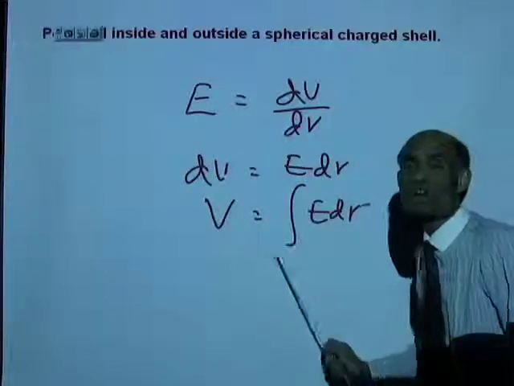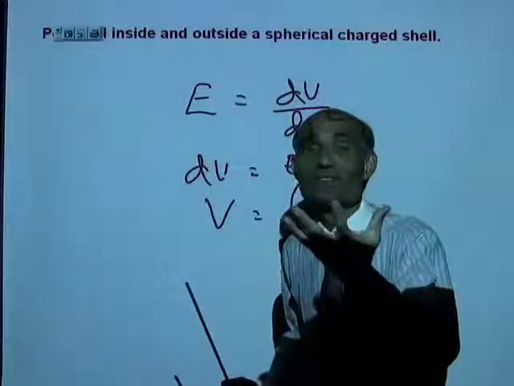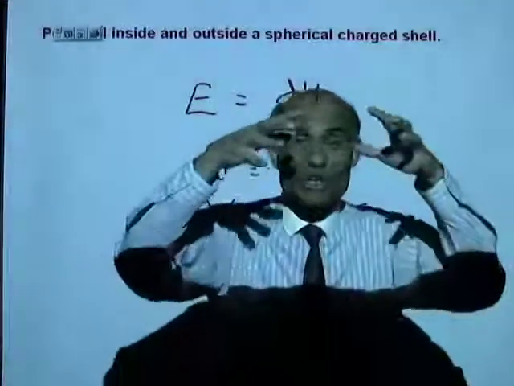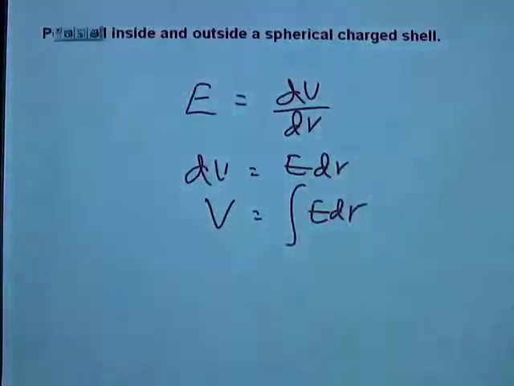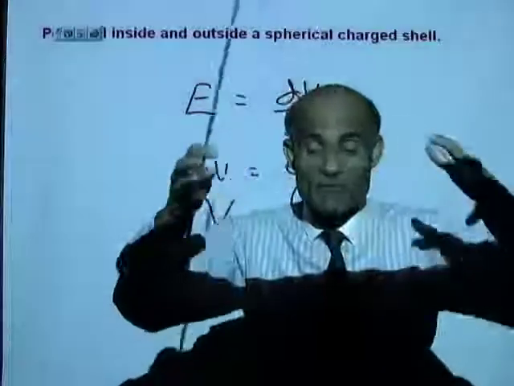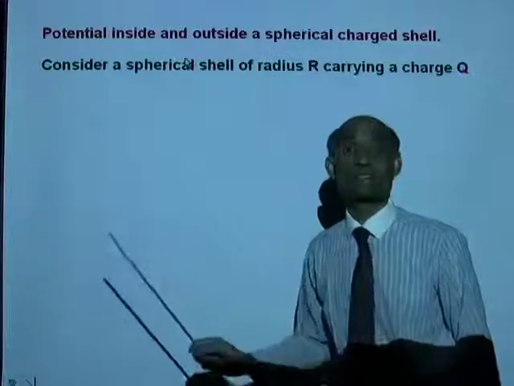What is the integral of 0? If you integrate 0, what do you get? A constant. So what is the electric potential inside a charged shell? Well, the electric potential inside a charged shell is a constant. In other words, everywhere inside the shell, the potential will remain a constant.